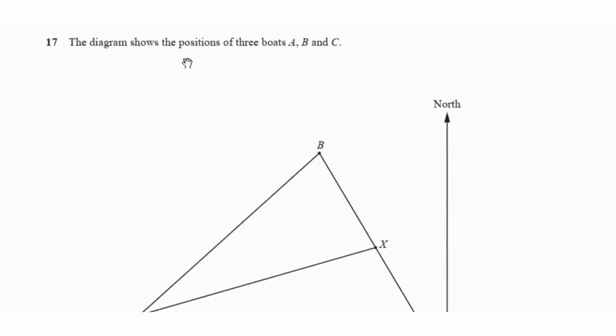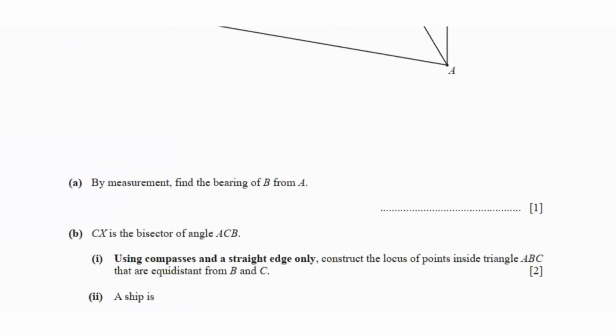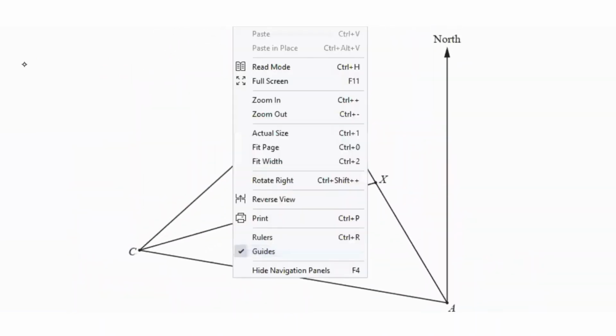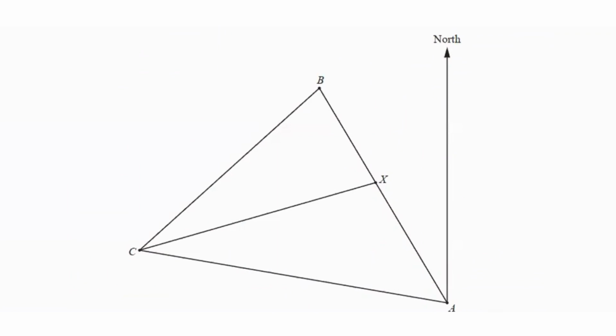Question 17 says the diagram shows the positions of 3 boats A, B, and C. By measurement, find the bearing of B from A. To find the bearing of B from A, basically, the angle you need to measure is this entire angle.